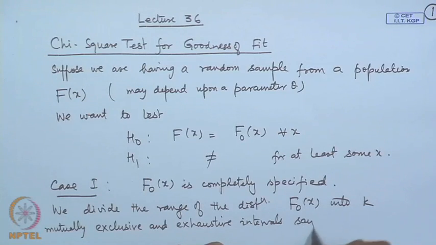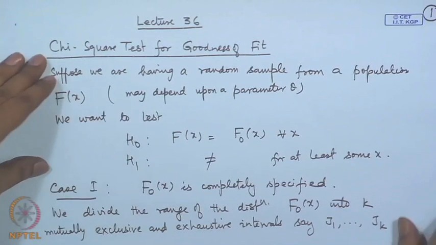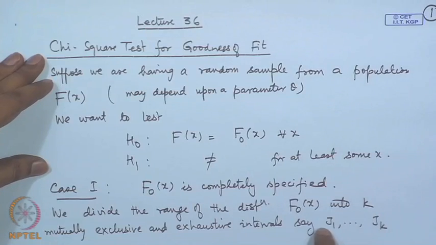Let us say these intervals are J1, J2, ..., Jk. That means, what we are saying is that these Ji's are disjoint and the union of the Ji's is the range of the distribution. Suppose it is from 0 to infinity, or from minus infinity to infinity, or if it is a finite interval from a to b.